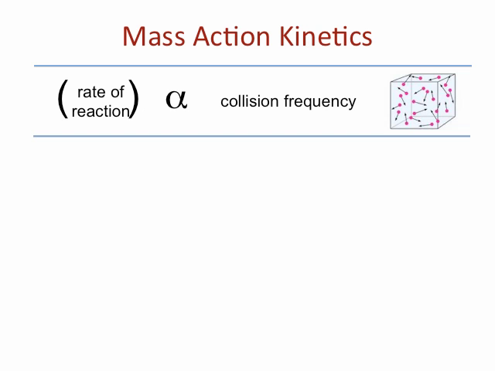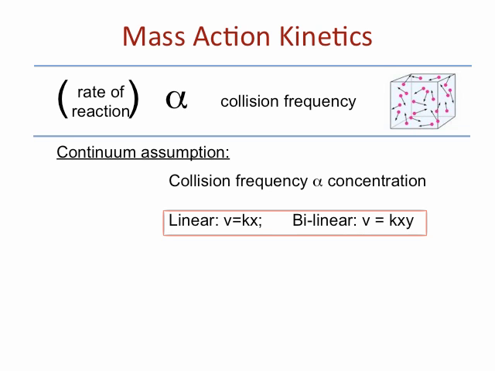So let's talk next about the kinetics of how this happens. As you probably all recall from mass action kinetics, the rate of a chemical reaction is proportional to the collision frequency of the molecules. Under the continuum assumption that we make, namely that we are not looking at individual molecules but at a continuum, the collision frequency of molecules will be proportional to their concentration, simply their count per volume, moles per volume.